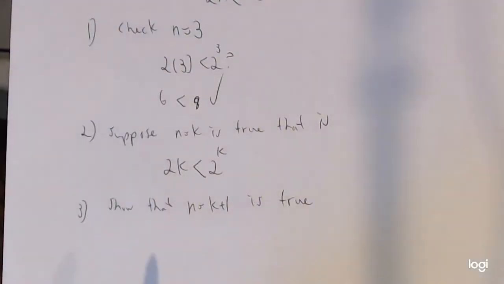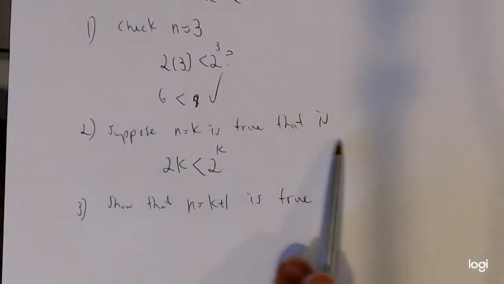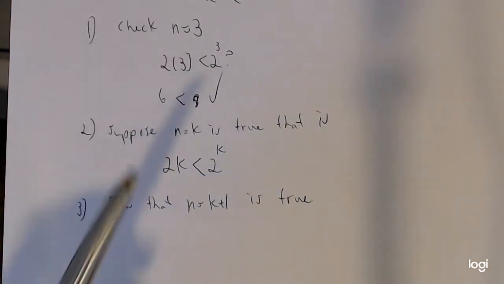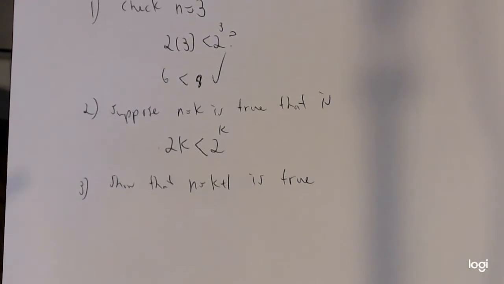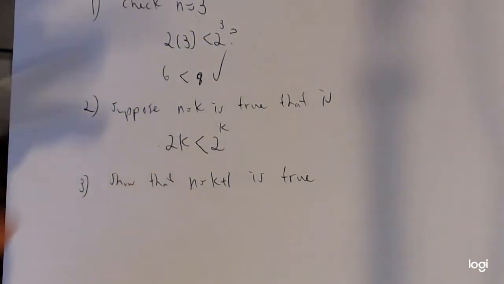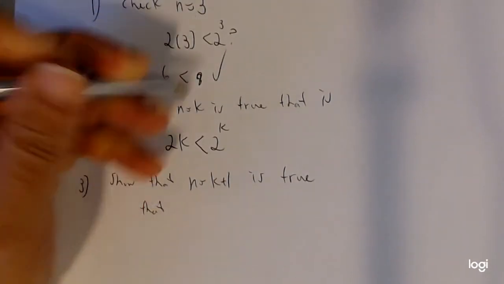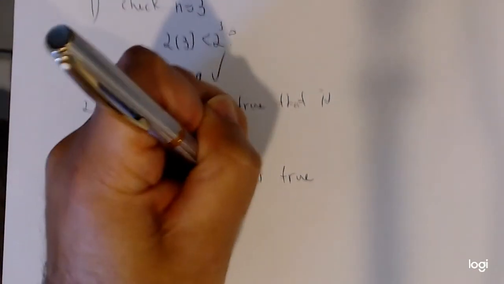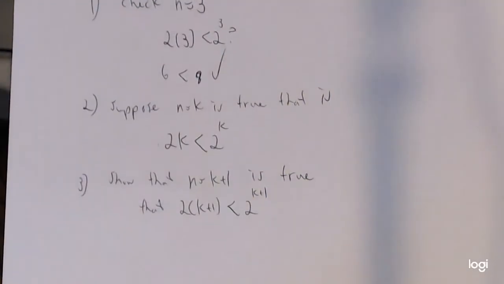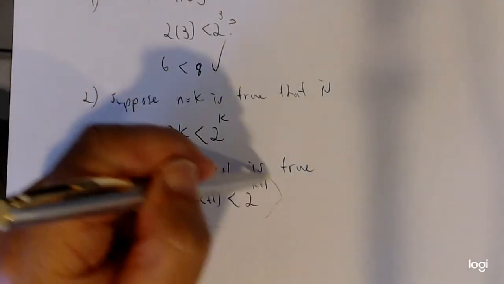By the way, the reason we say this assumption is true is because we know there is one k value where this works, which is 3. So what's important is we want to show the one right after this is true. That is, we want to show that 2 times k plus 1 is less than 2 to the power of k plus 1. This is the important part.